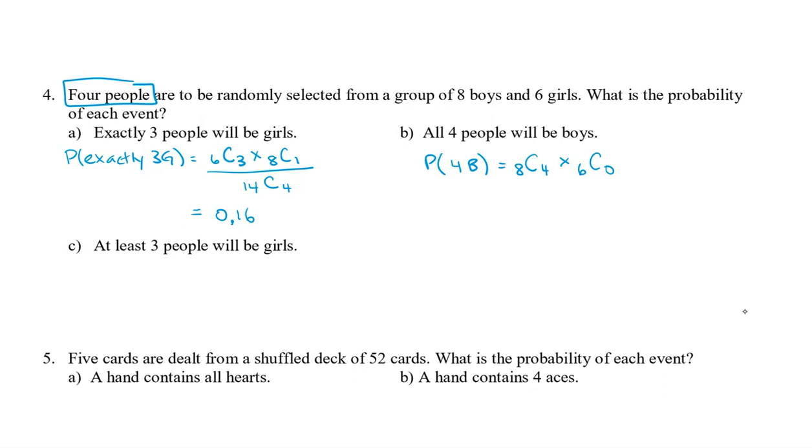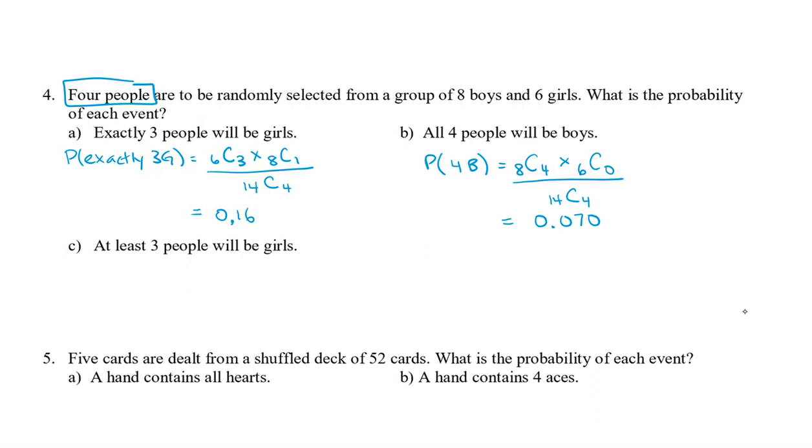So that's 6C0 divided by 14C4. Again, if you notice in both of these questions, the numbers in front of C in the numerator add up to the number in the denominator in front of C, and then the number after C in the numerator adds up to the number after C in the denominator. So calculating this last one here, we get 0.070.